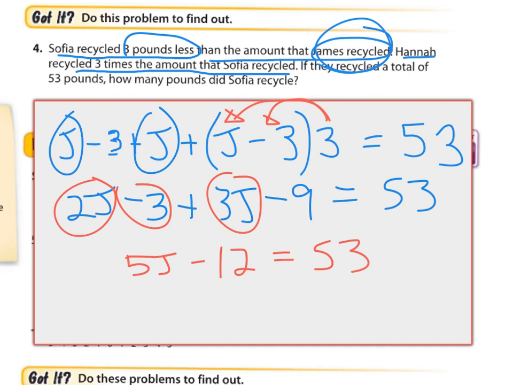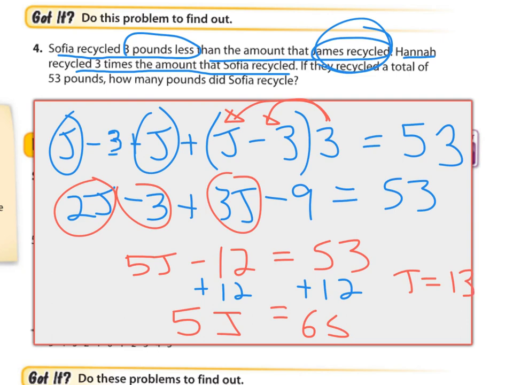So I will use addition property of equality to remove the 12, and that gives me 65 on this side, and I have 5j on this side. And then I would have to divide both sides by 5, and that gives me j equals 13, right?